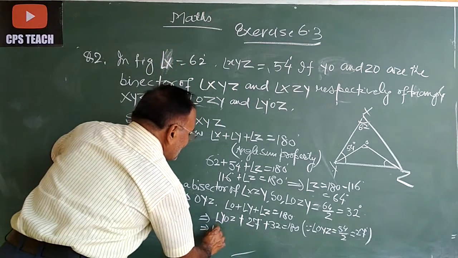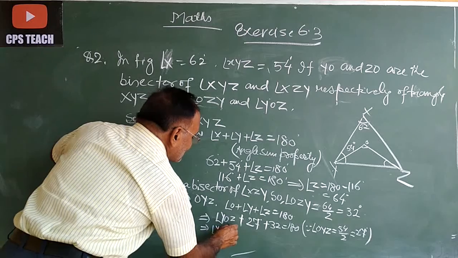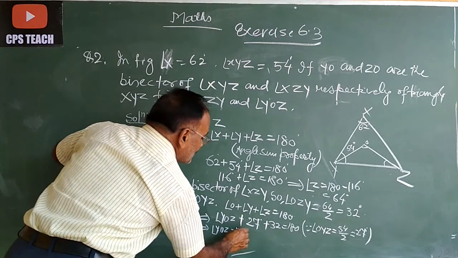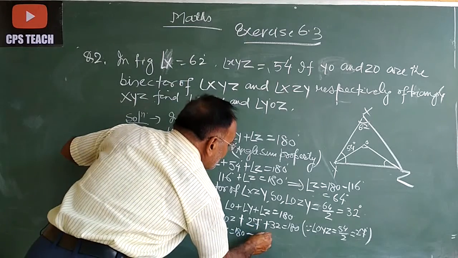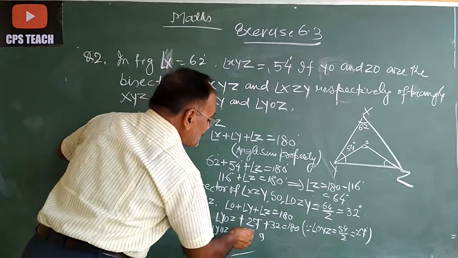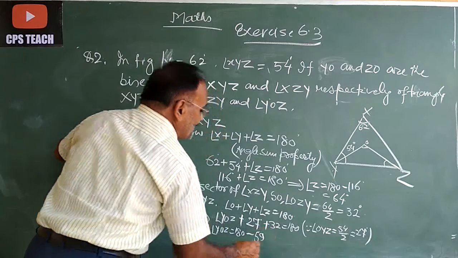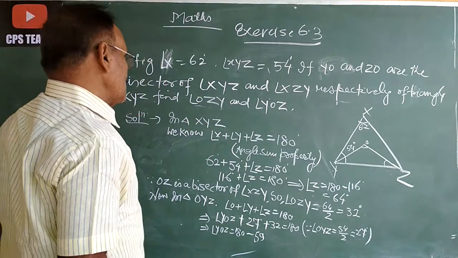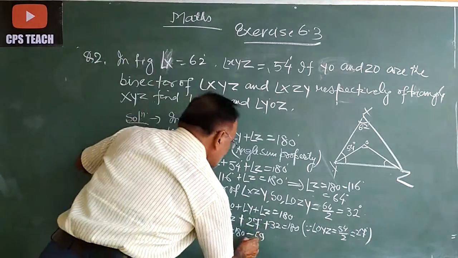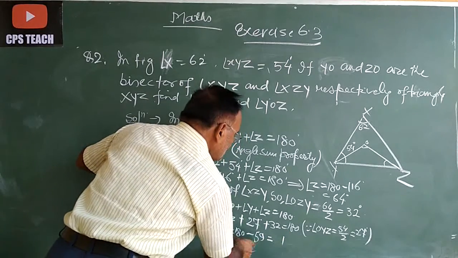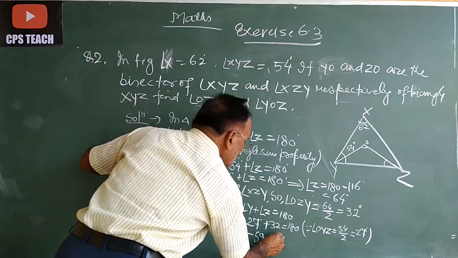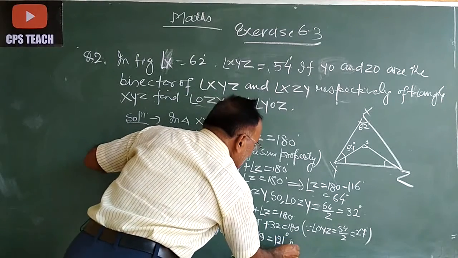This implies angle YOZ is equal to 180 minus 59, which is equal to 121 degree.